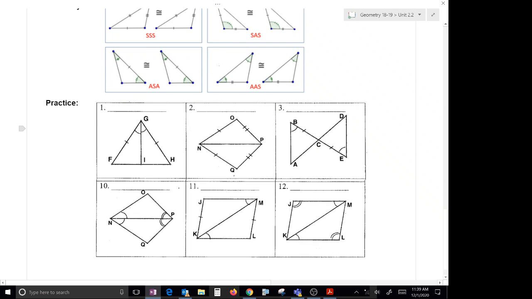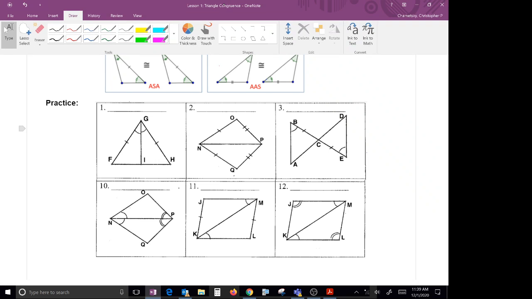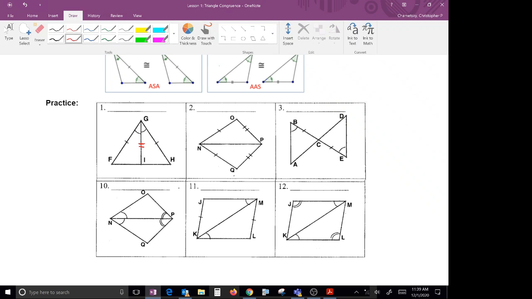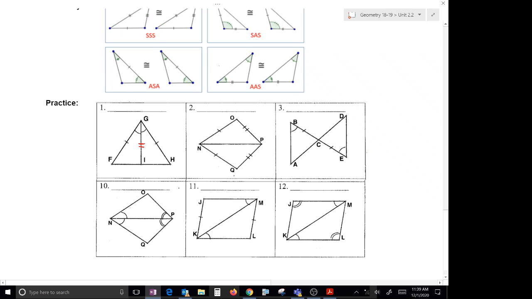Now, there's a few clues that we can use. For example, if we have two triangles that are sharing a side, we can mark that as a congruent side. If they're sharing the same side, it's the same for both. And now I'm just going to go through and label. If I have a tick mark, I'm going to put that as a side. If I have an angle mark, I'm going to put that as an angle.